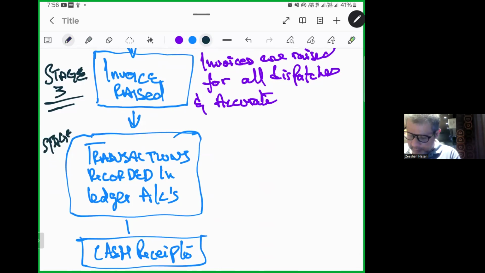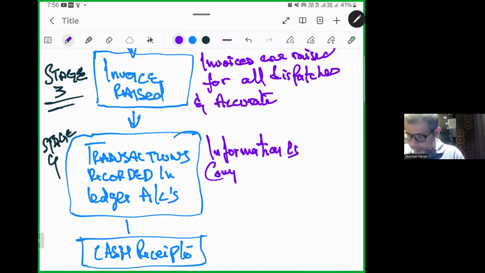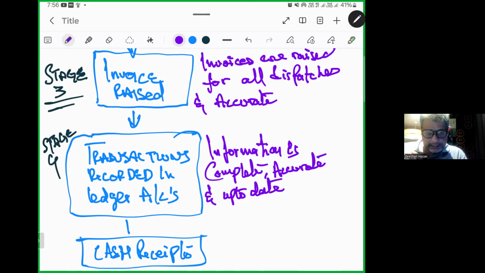Stage four: information is complete, accurate and up to date. That means we have a credit control.